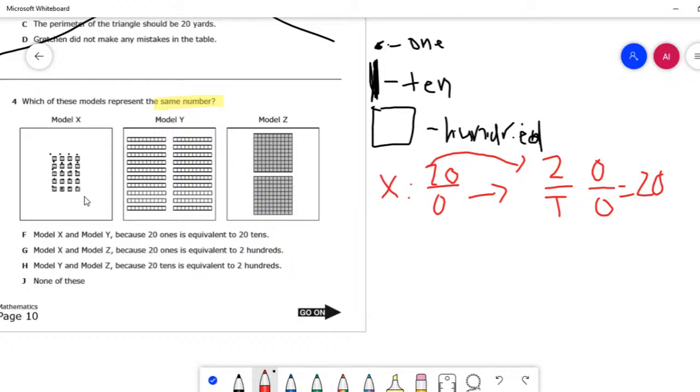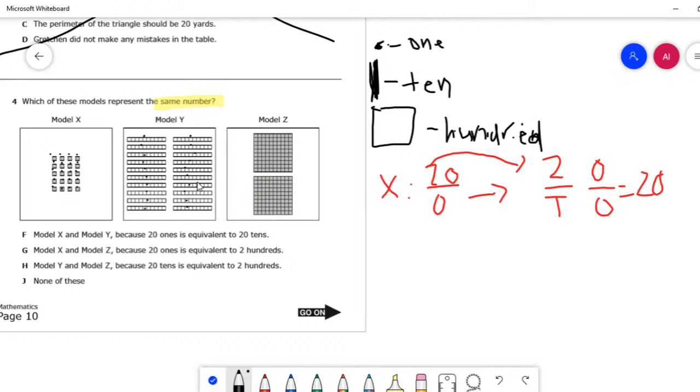Now let's go look at model number Y. First, let's count them again, just like we did for that. So we have 1, 2, 3, 4, 5, 6, 7, 8, 9, 10, 11, 12, 13, 14, 15, 16, 17, 18, 19, and 20.